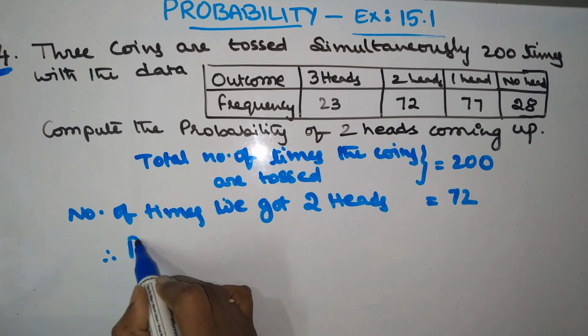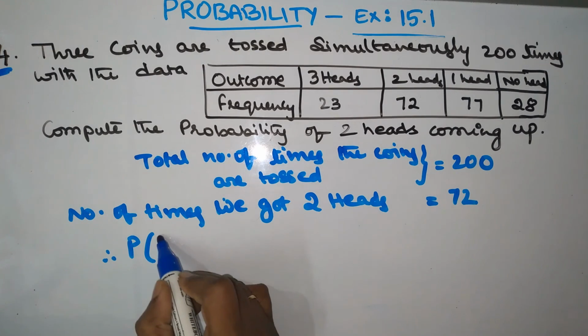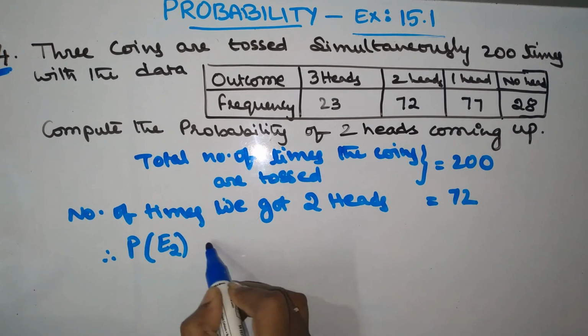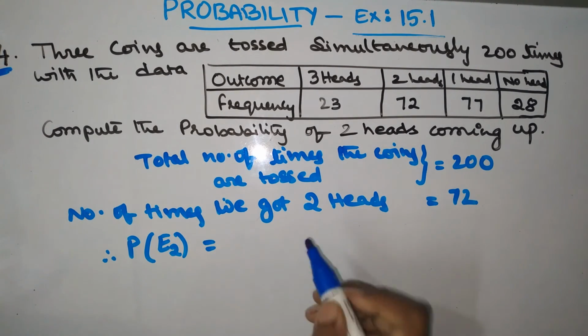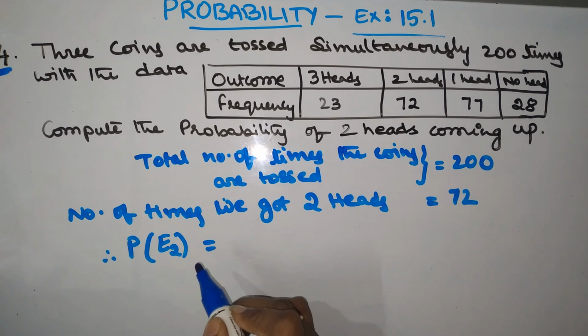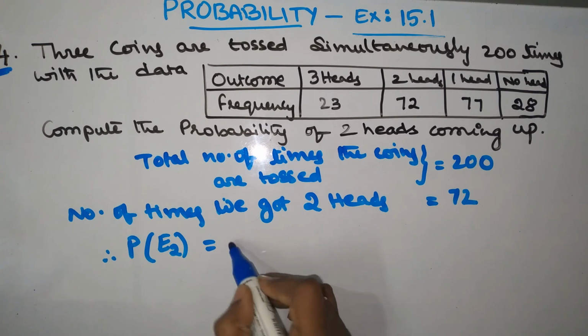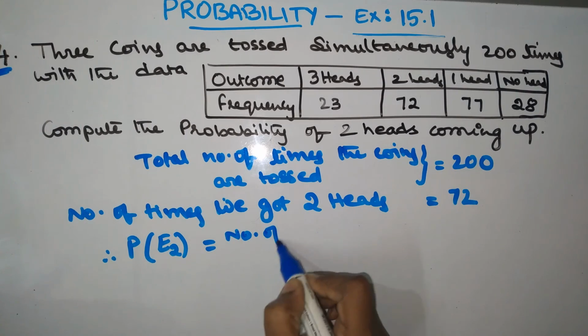Therefore, probability of getting 2 heads, that is equals to, we know the formula for finding the probability of an event: number of times that event happened by the total number of times.